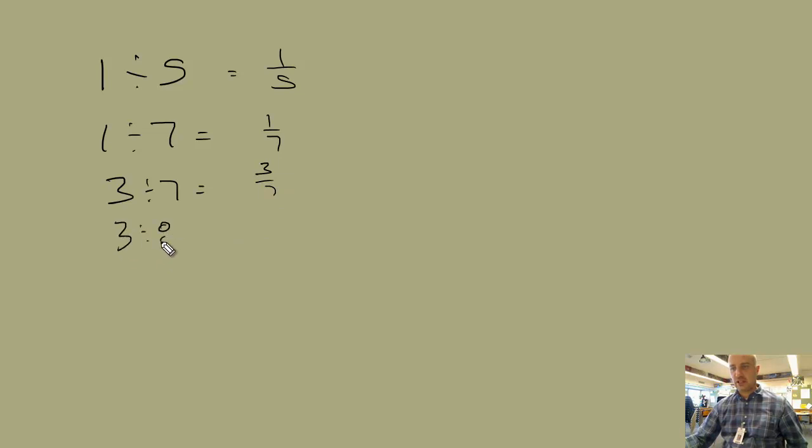Let's test something here. What was 1 divided by 5? 1/5, right? What's 1 divided by 7? 1/7, right? What is 3 divided by 7? 3/7, right? What is 3 divided by 8? 3/8.